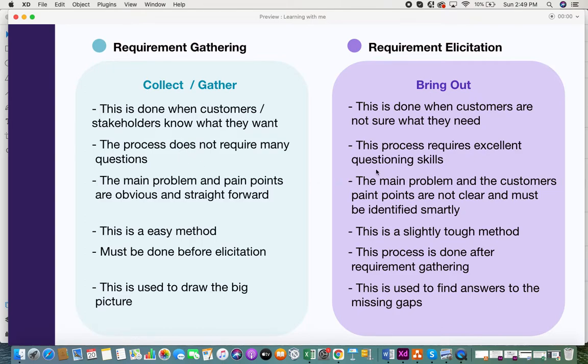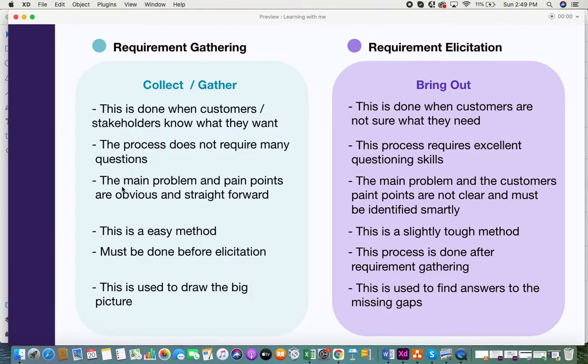But the requirement elicitation process requires excellent questioning skills. There's always a need for asking the right questions. Anyone can ask questions, but asking the right questions in order to bring out the needs of the customers is what is required in the elicitation process.